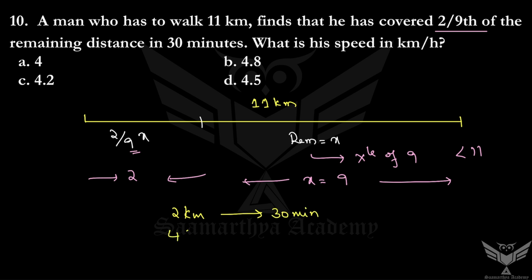So he'll cover 4 kilometers in 1 hour. So the speed will be 4 kilometers per hour. That's it. But if you form equations and solve, it will take a lot of time. The next question.